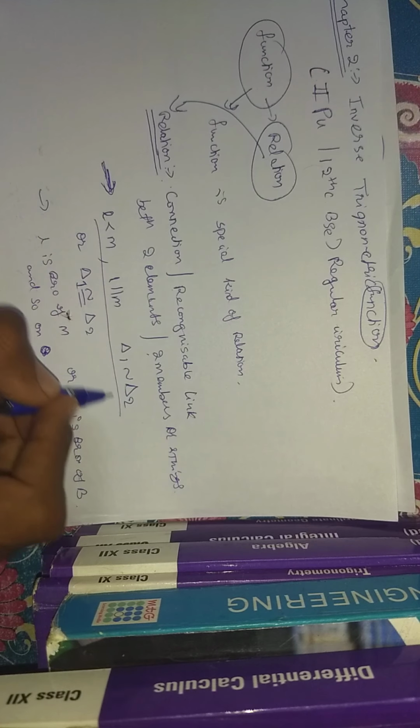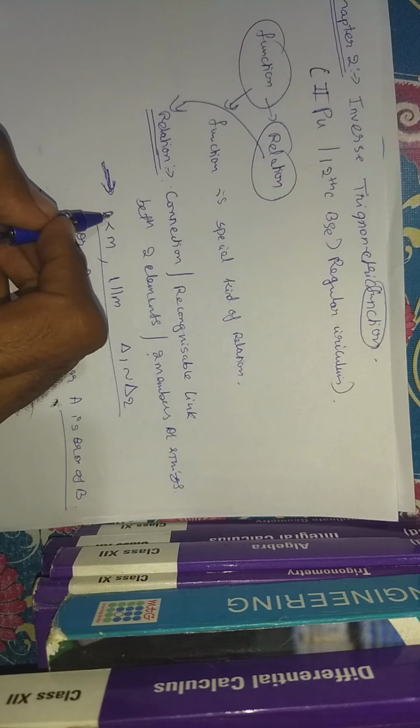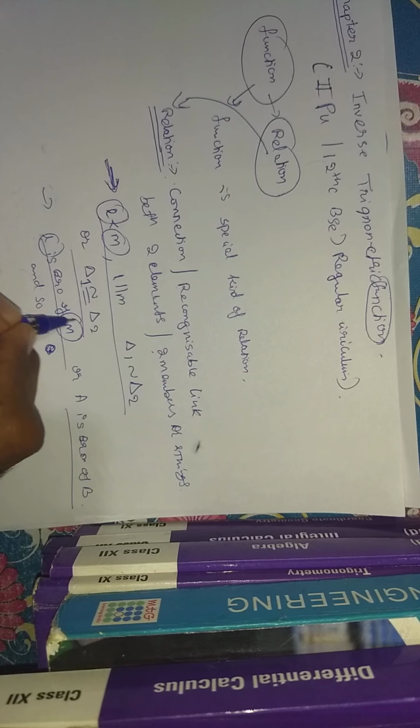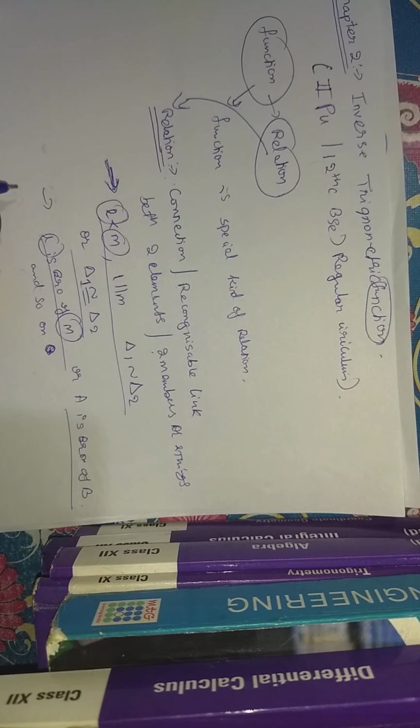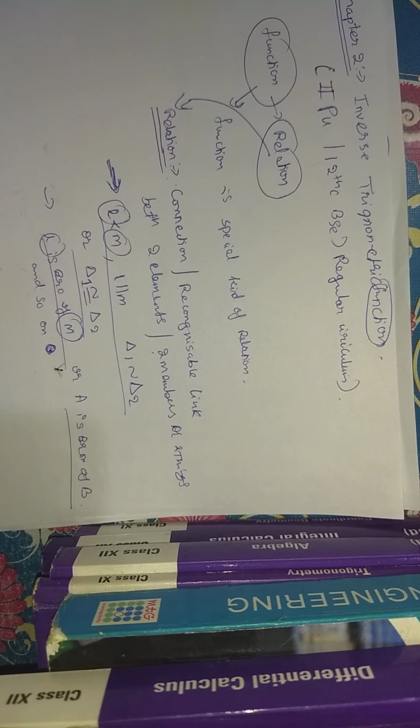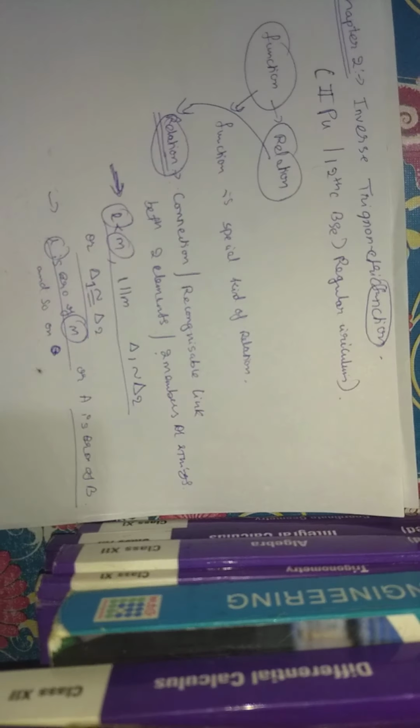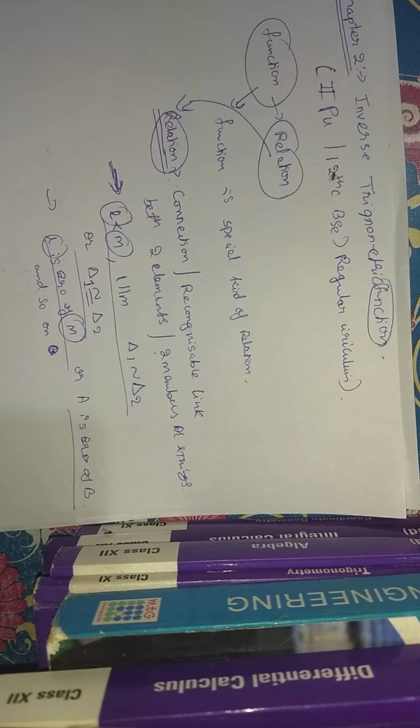In all these relations, we observe one similar thing, that is there are two elements or two members. So for relation, we can say that two elements or two members are required to start one relation. Now, as I said, function is a special type of relation. We will come to function.